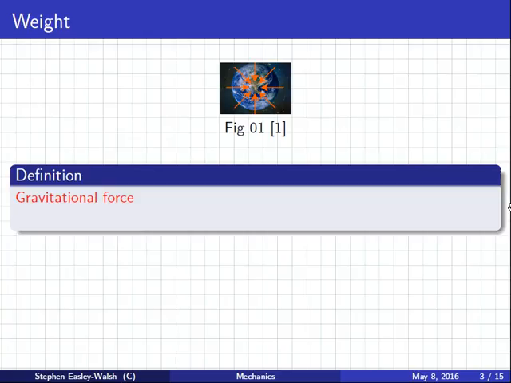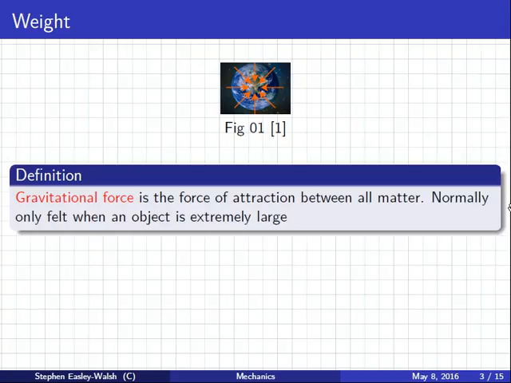Okay, so we kind of had a question where I asked you what is the force that makes the apple accelerate when it falls, and of course you all know this is a gravitational force. So gravitational force is the force of attraction between all matter, and normally this is only felt when the object is extremely large. So in other words, when you're near an Earth, Moon or Sun, you can feel it pulling towards you.